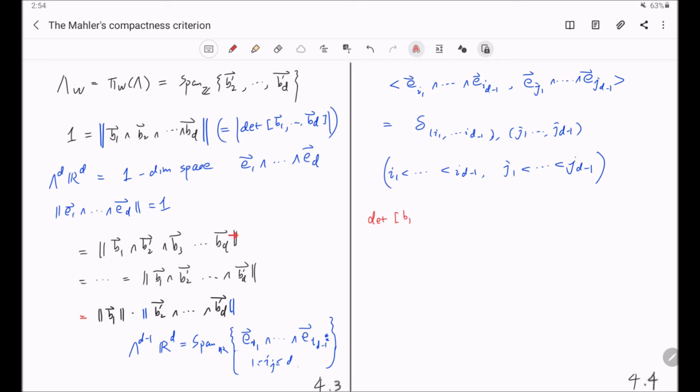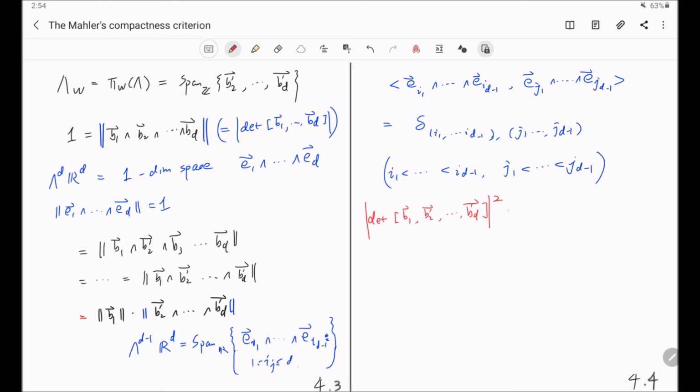This is a determinant of the matrix formed by those vectors. Let's take the square of this determinant.